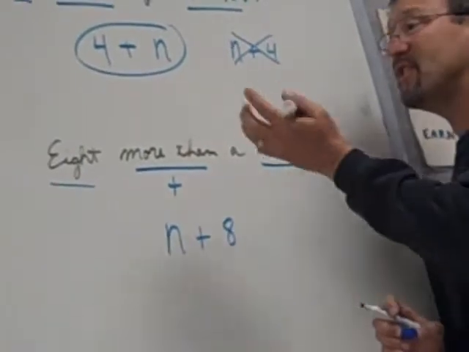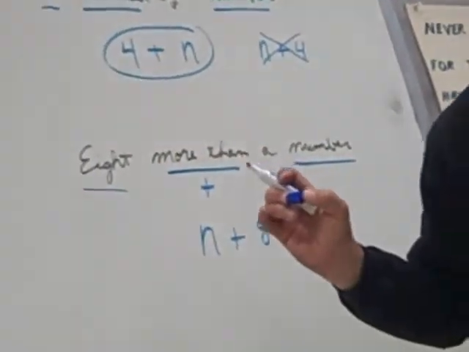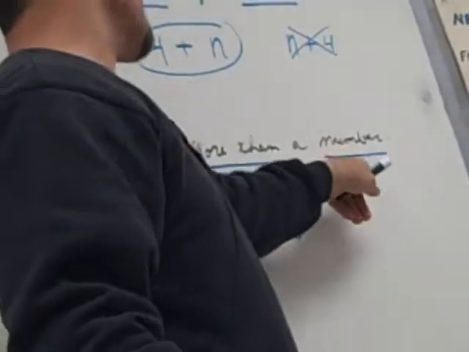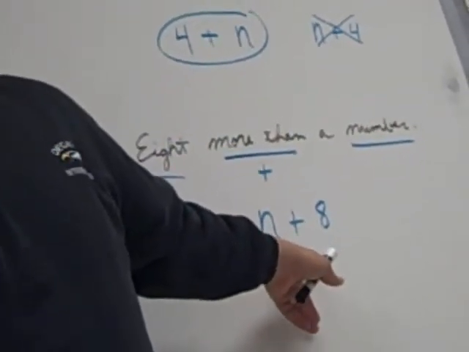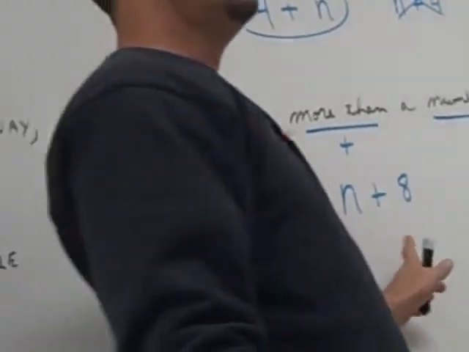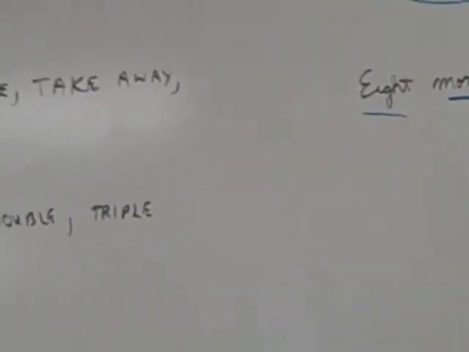Because you got to have the number to put 8 more on it. Is everybody with me? There's one that switches. The backside actually goes first when we write it mathematically. So be very careful.